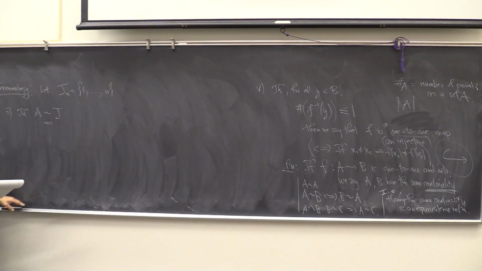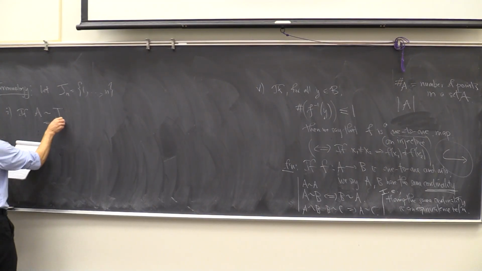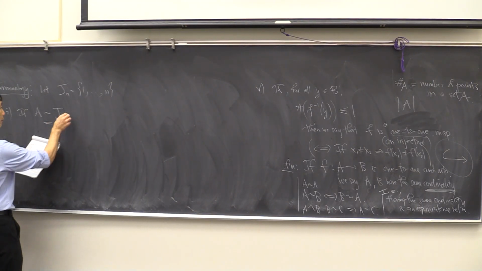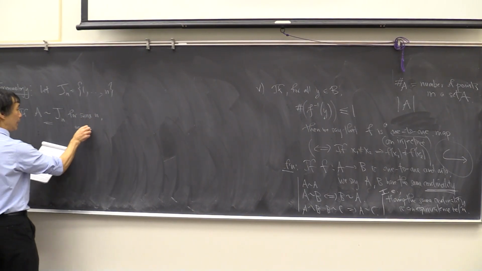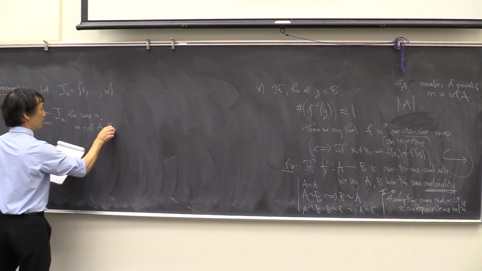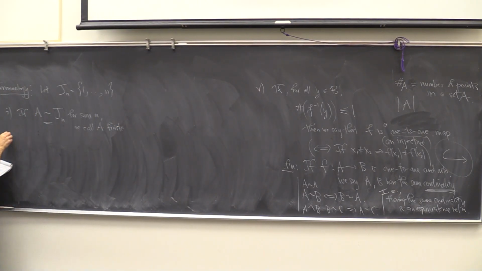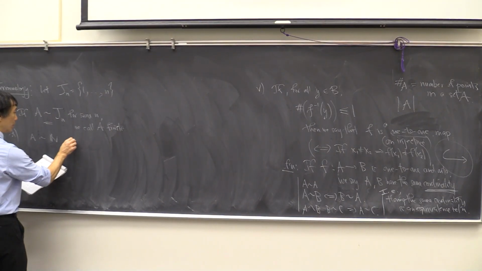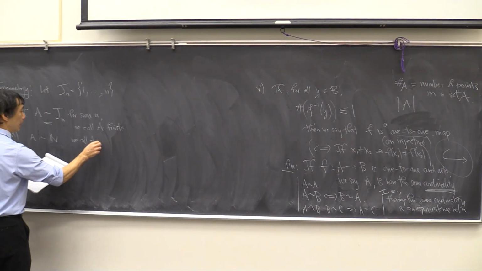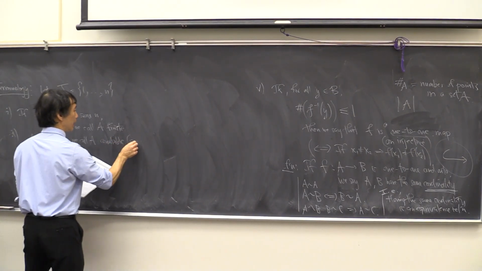If A has the same cardinality as some J sub n for some n, we call A finite, obviously. Two, if A has the same cardinality as the natural numbers, then we call A countable. Some people say countably infinite.